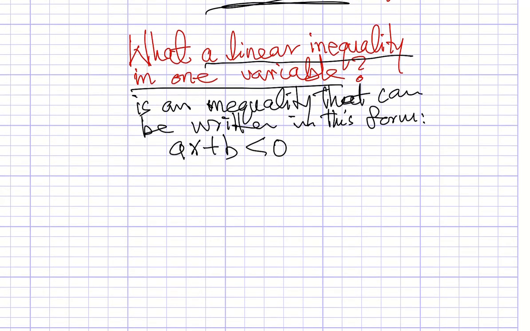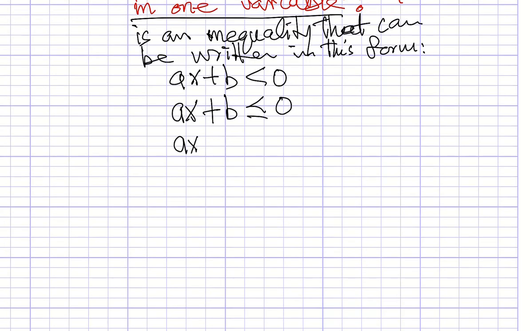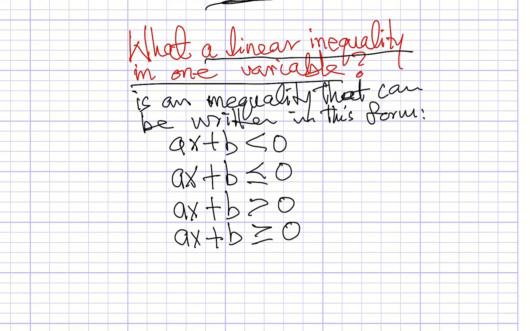Or it can be written like a times x plus b is less than or equal to 0. Or a times x plus b is greater than 0. Or a times x plus b greater than or equal to 0. So you can use any of those symbols because it's in one variable, and that variable is x.